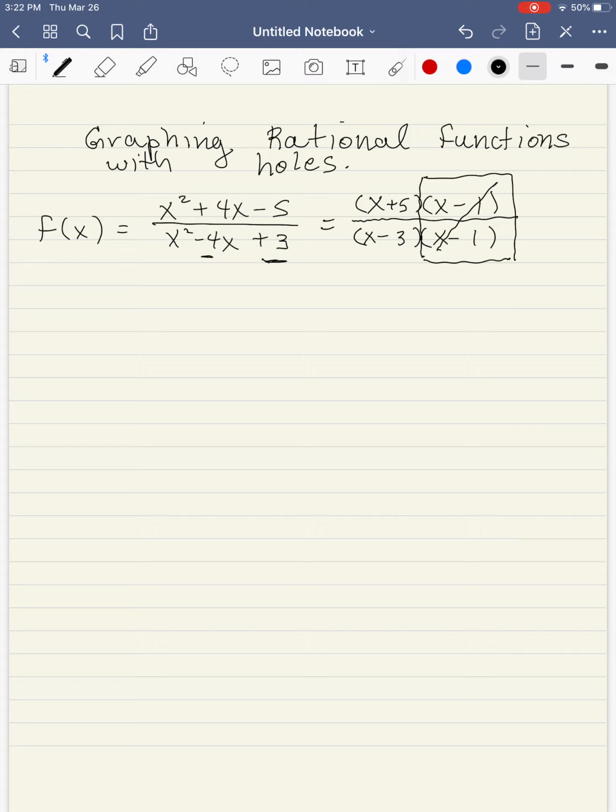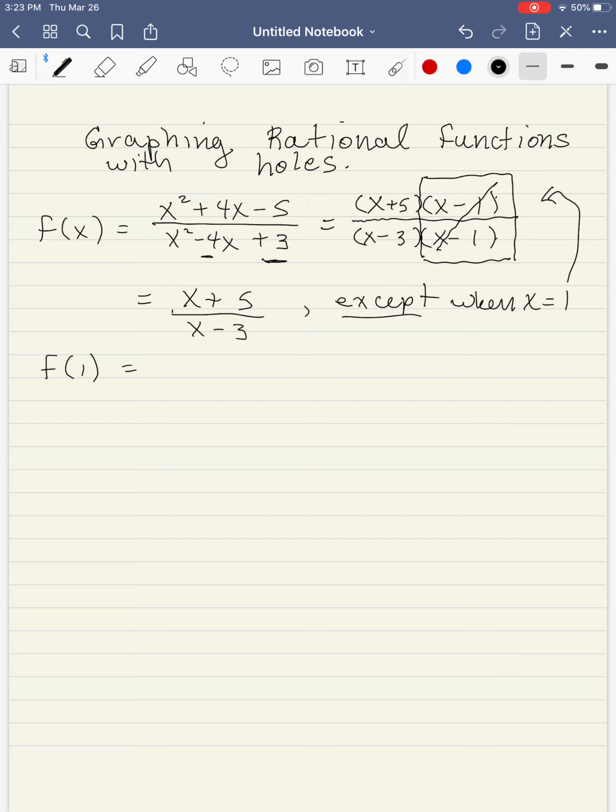That means that I could cancel those two factors, and I'm going to have that equal to x plus 5 over x minus 3, except when x equals 1. Notice that if I plug 1 in here and here, I'd get 0 over 0.